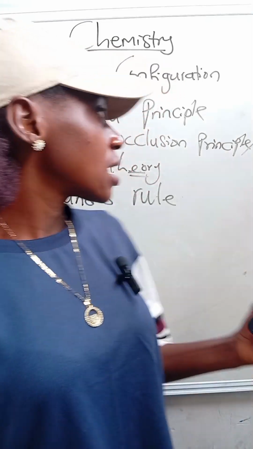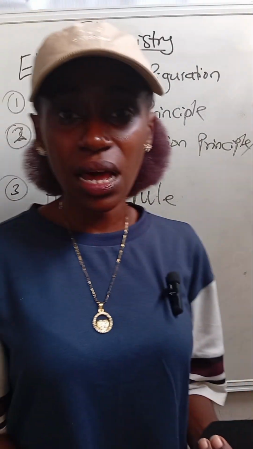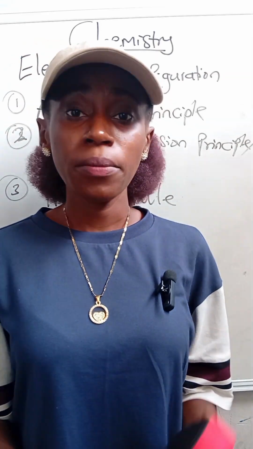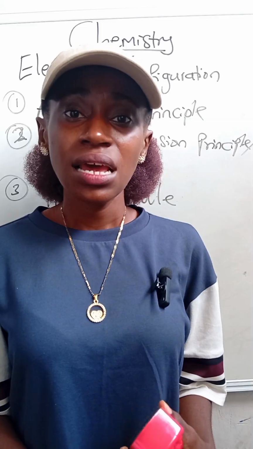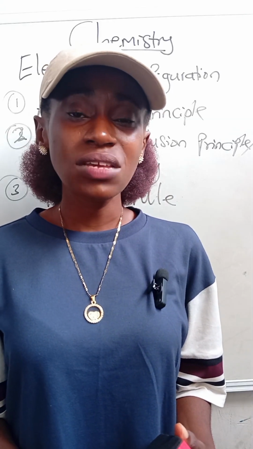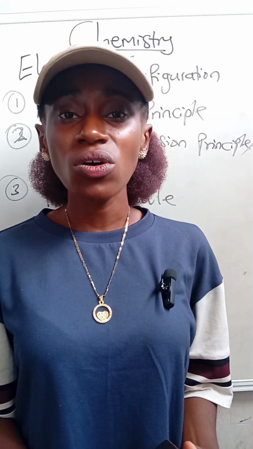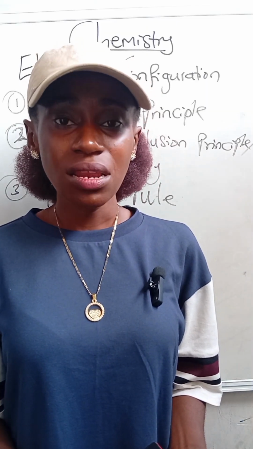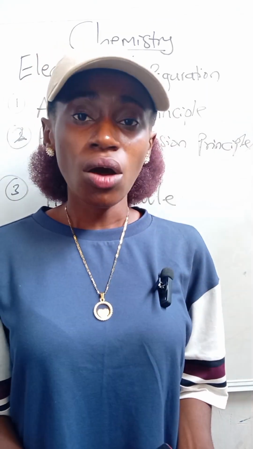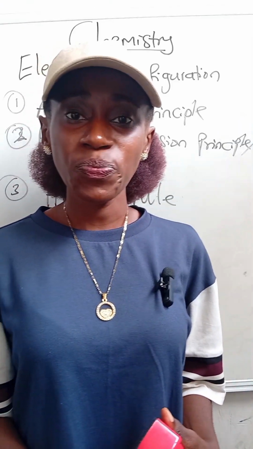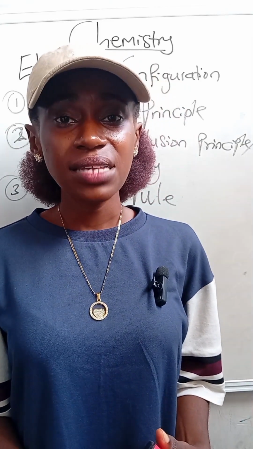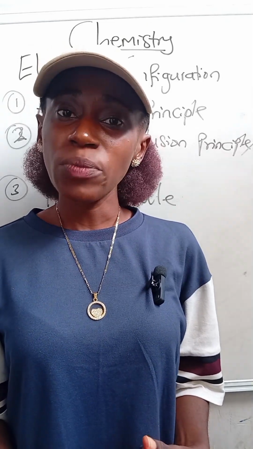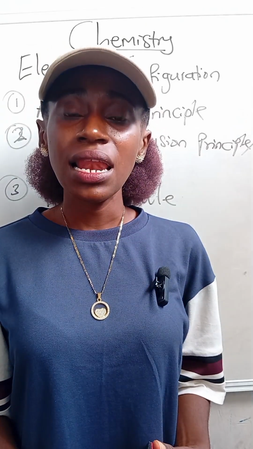I also explained what an electron is: a negatively charged particle that is constantly moving around the nucleus of an atom in an orbital manner. And an orbital is a region in space where there is the probability of finding an electron.